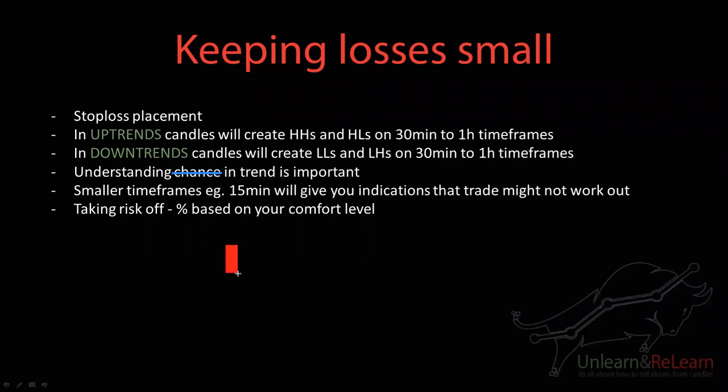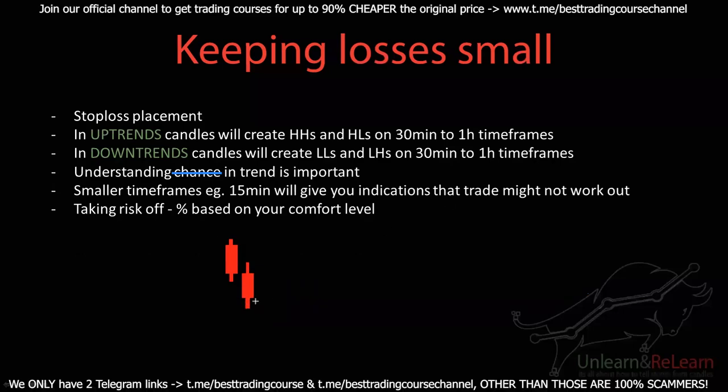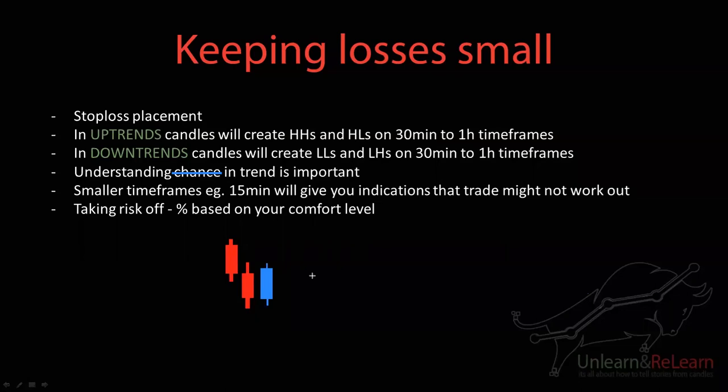If you're expecting price to continue bearish, and you have 1 hour candles going bearish, or I use the 30 minutes, and you're seeing the 30-minute candles going bearish, making lower highs and lower lows, and for some reason a 15-minute candle closes bullish, then there's a higher chance that price may start to go against you. This is where you need to see that, okay, I see a smaller time frame candle that's going against me. I may want to take some risk off the table because I don't want my entire stop loss to hit. I want a portion of my stop loss to hit.